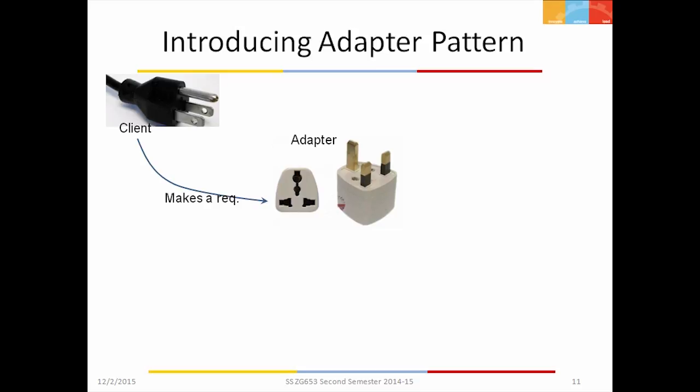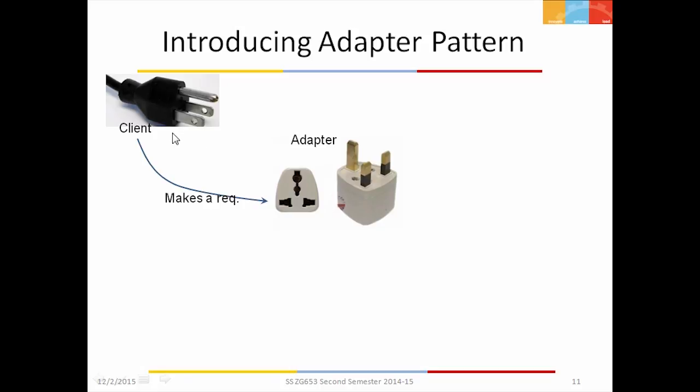Now here comes the adapter. This adapter essentially takes this plug as an input in this diagram, and allows it to fit in here, but as an output it can give this kind of shape plugs. So essentially it converts this shape to this shape.